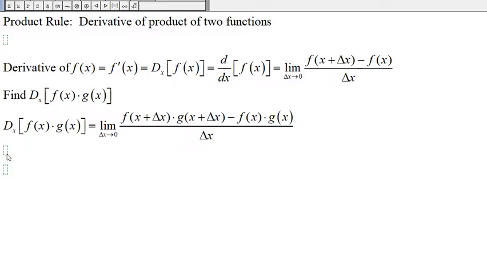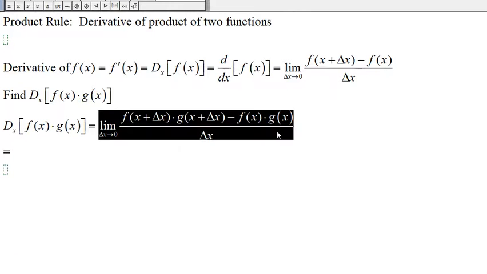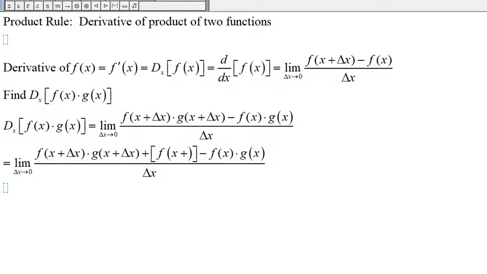And so to find the derivative here, what we're going to do is this. In the middle right here, we are going to add f of x plus delta x, and then times g of x.